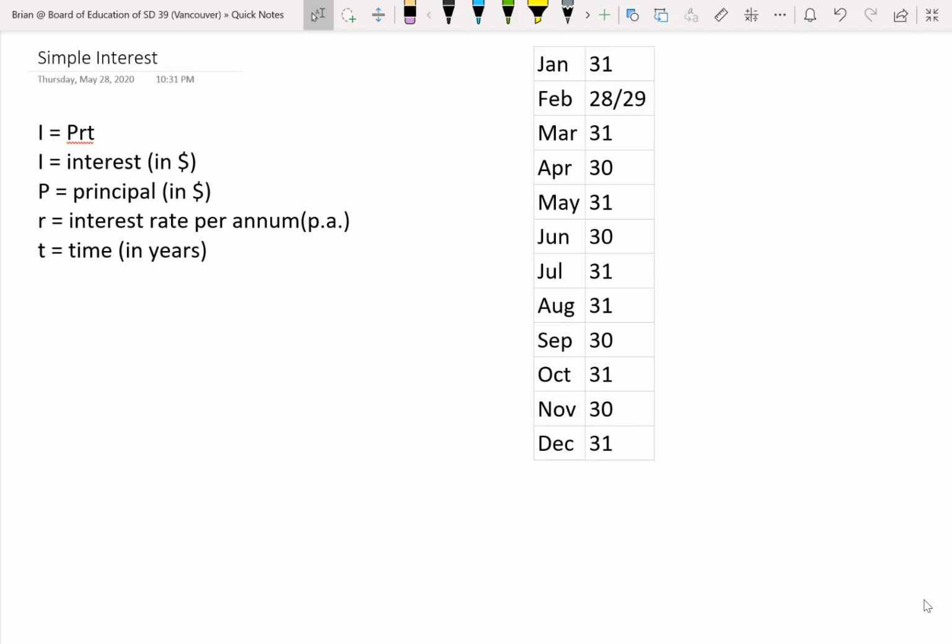So for instance, if they say 6 months, how much is that in terms of years? It's just 6 over 12 years. And you could write that as a half a year or 0.5 years, right?